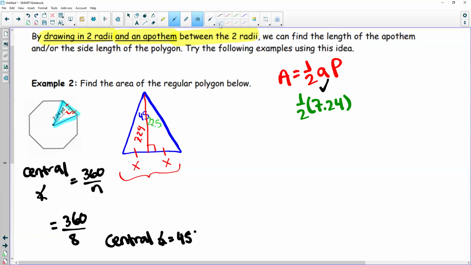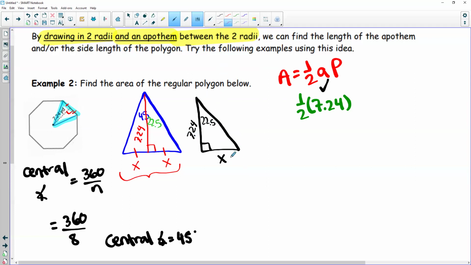I'm going to separate out this triangle again just so it's easier to see. We're working with a right triangle, and we are trying to find the value of x. We know that this angle right here is 22.5, and we have 7.24.